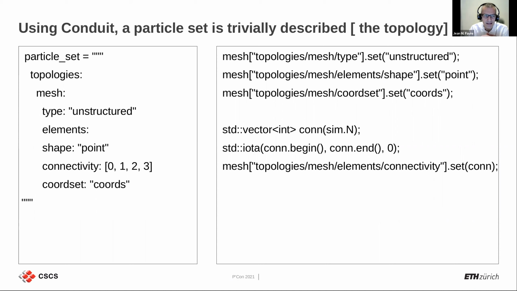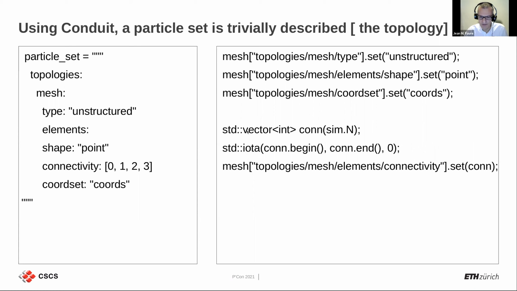The second required object in Conduit is the topology. So for a particle set, the topology is of type unstructured. The shape of the element is point, and the connectivity here for 4 particles would be 0, 1, 2, 3. Well, in the case of my simulation data, where I have n particles, the corresponding C++ code on the right side of my screen would be an array of size n for the n particles.